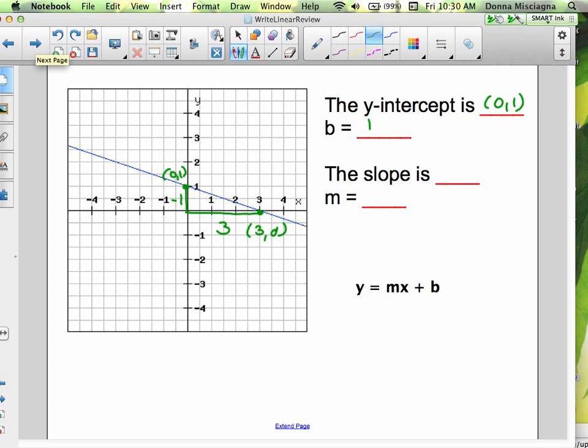If you had said down 2 and to the right 6, you'd still get the same answer because it would still reduce to negative 1/3. Right? So m is negative 1/3, b is 1, which means the equation for our line is y equals negative 1/3 x plus 1.